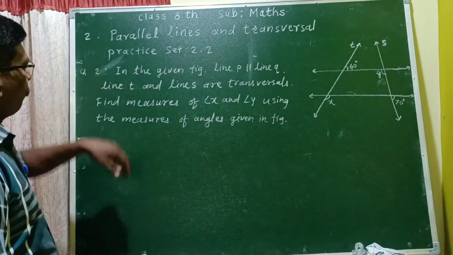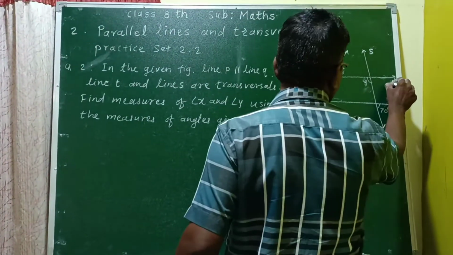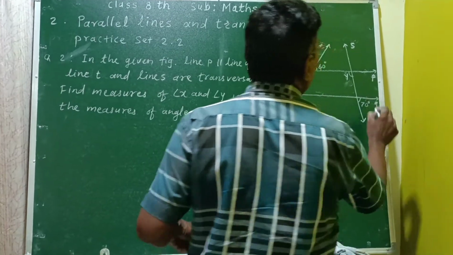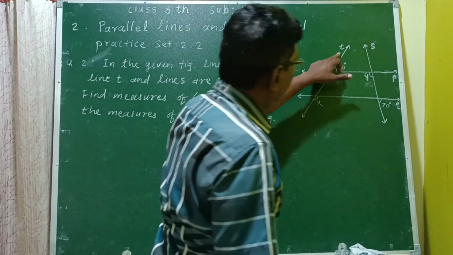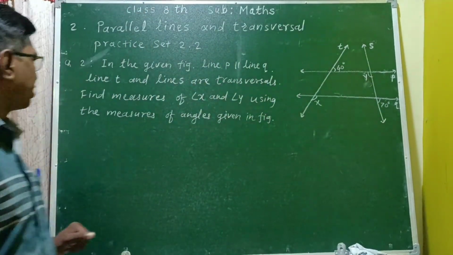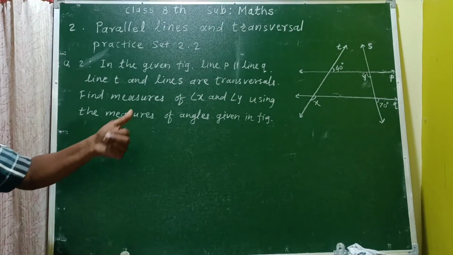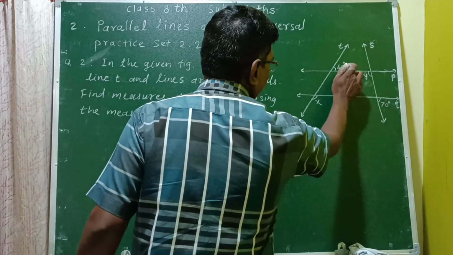Now, question 2. In the given figure, line P and line Q are parallel. Line T and line S are their transversals. Find the measures of angle X and angle Y using the measures of angles given in the figure. Here 70 degrees, here 40 degrees.